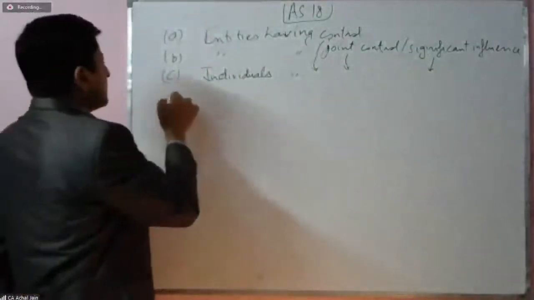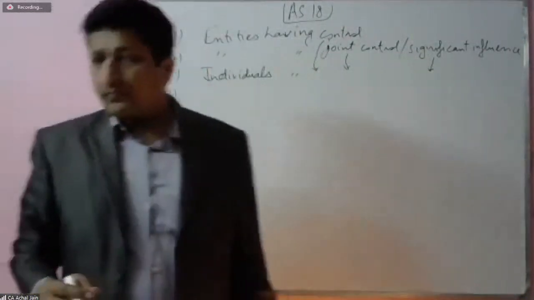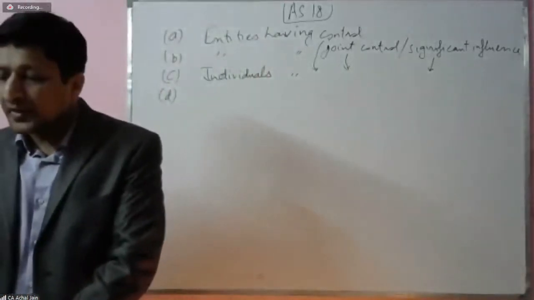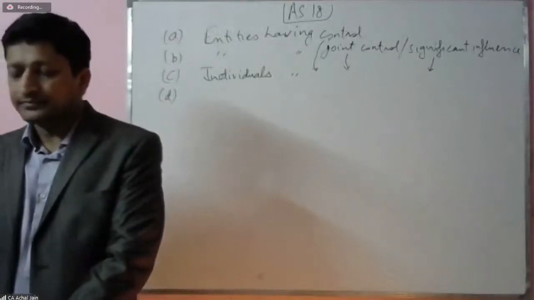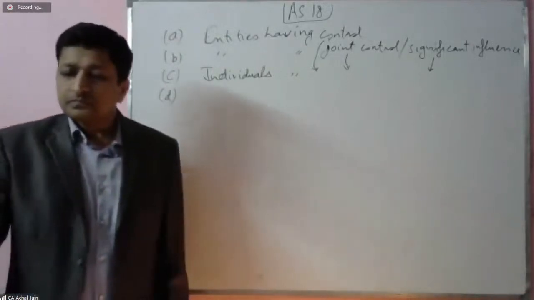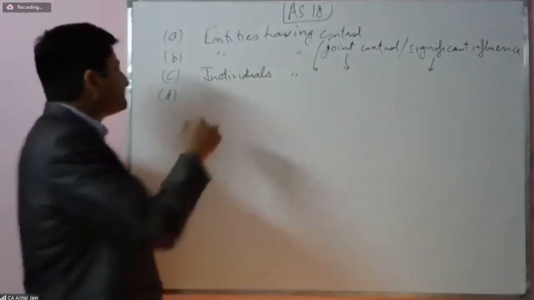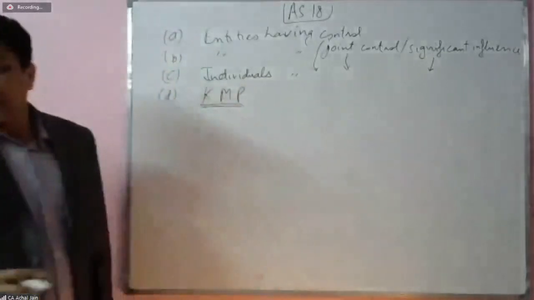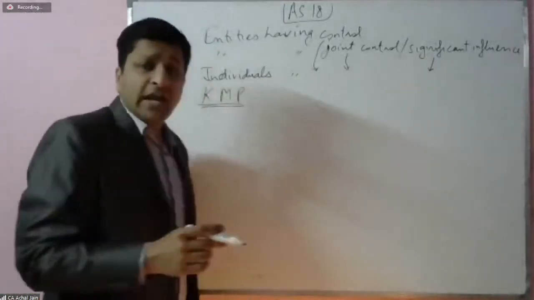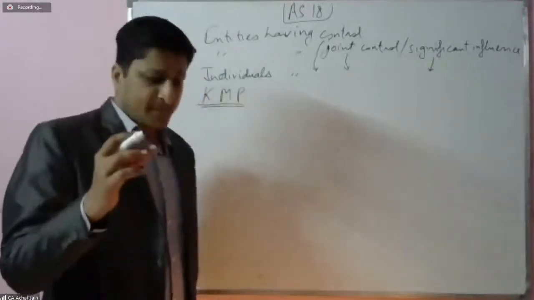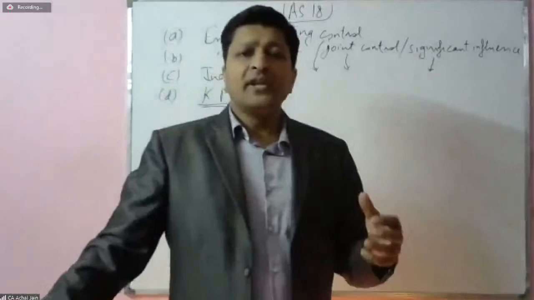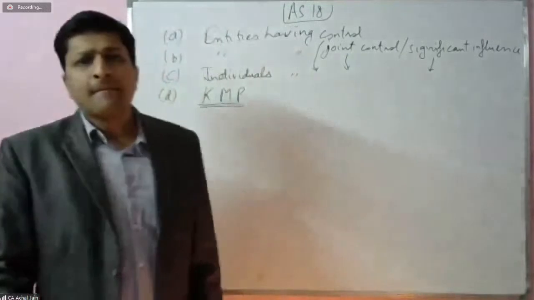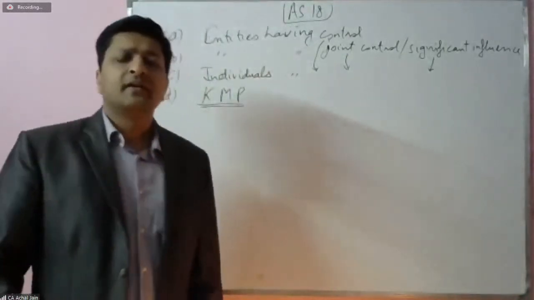Number 4. The fourth part is the one wherein the KMP of an enterprise get included, key management personnel. Once we establish that a particular individual is the KMP, then the relatives of KMP will also get covered.